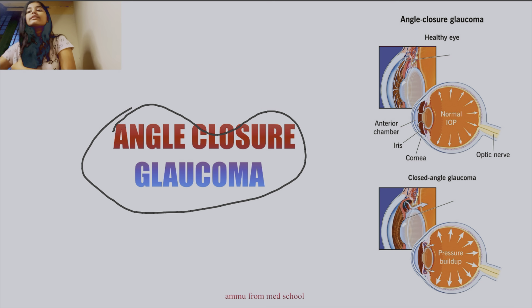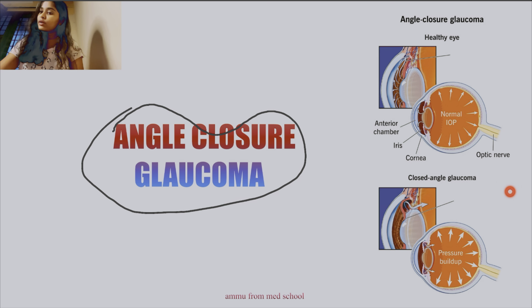Now, if you see the healthy eye on the picture on your left, you can see that the arrow marks demarcating the flow of the fluid, the aqueous humor basically, from the posterior chamber to the anterior chamber. Now, when you come to closed angle glaucoma, you can see that the iris is not in its position. It is bent.